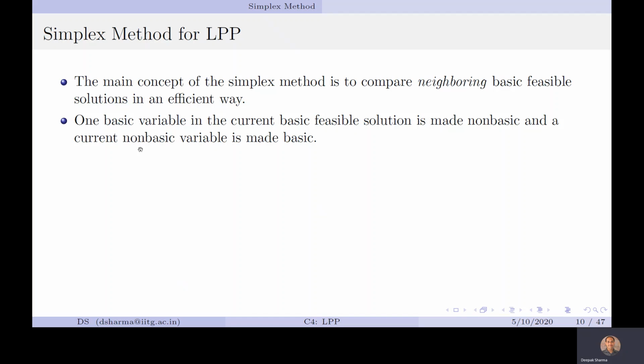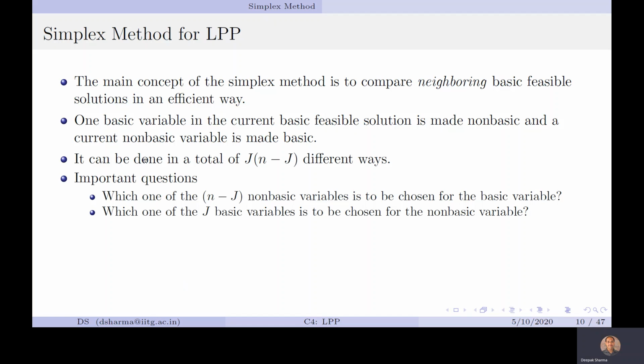However, suppose there is a variable xj plus 1 which is non-basic right now; we can make it basic, and we generally do so that our objective function improves. So we can find different ways of converting basic into non-basic and non-basic into basic. So we have j times (n minus j) different ways.